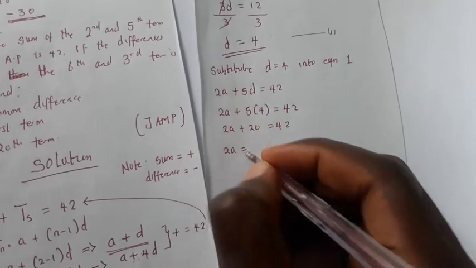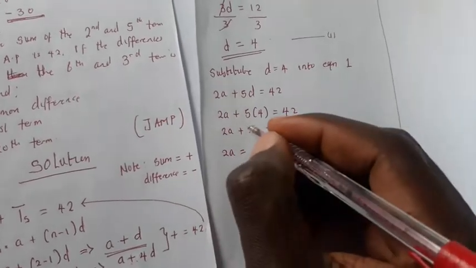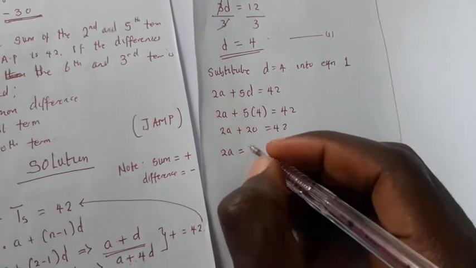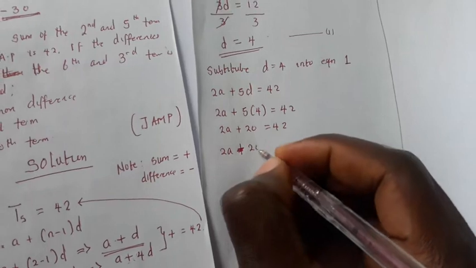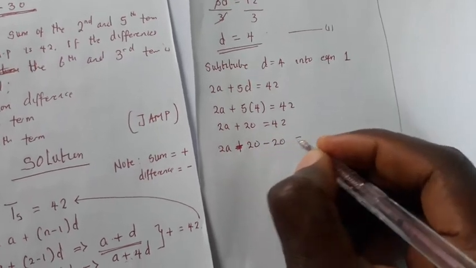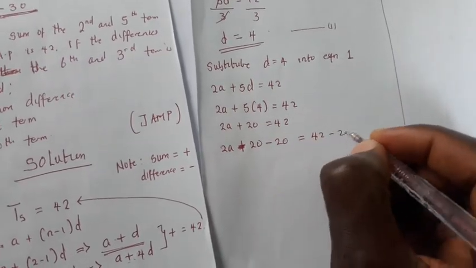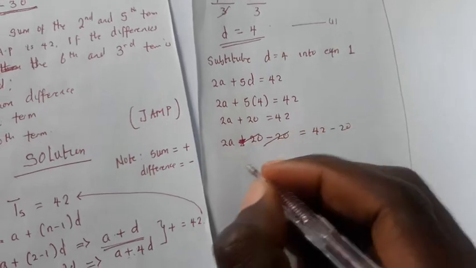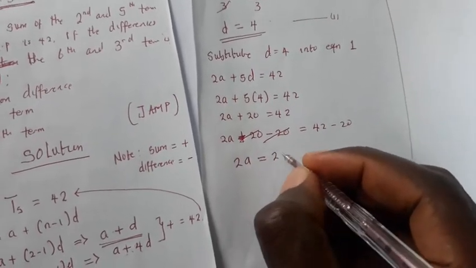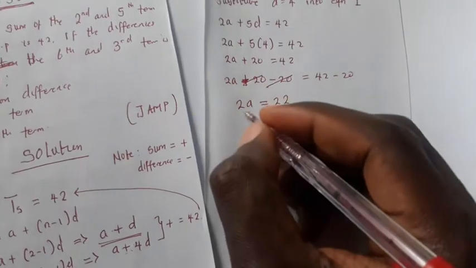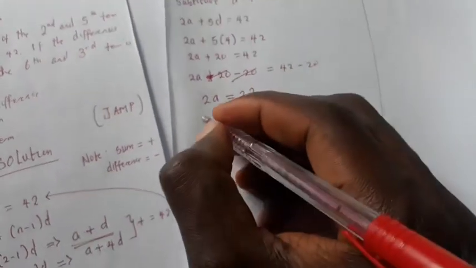2A will be equal to what? Let's subtract 20 from both sides. That will be 2A plus 20 minus 20 equals 42 minus 20. This will cancel out. We have 2A equals 22.